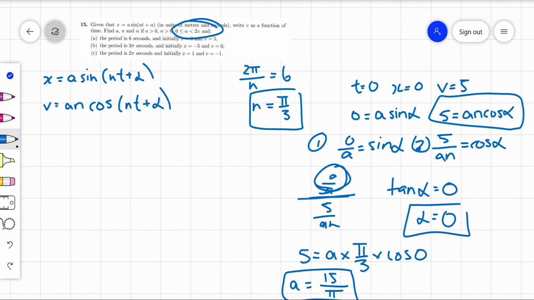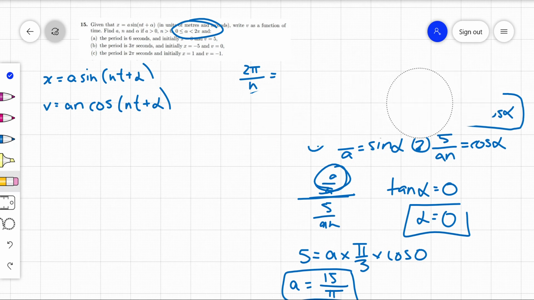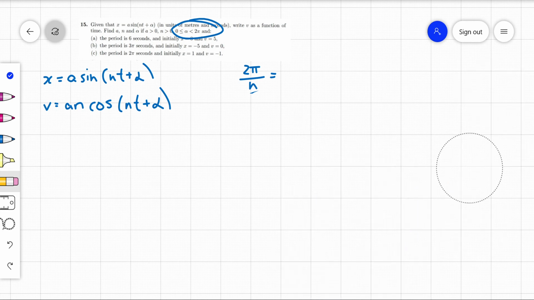All right, so let's try the second one. For the second one, the period is 3 pi. So let's make that equal 3 pi and solve that. So we'll get 2 pi on n is 3 pi, so n is 2 pi on 3 pi, which is just 2 on 3.